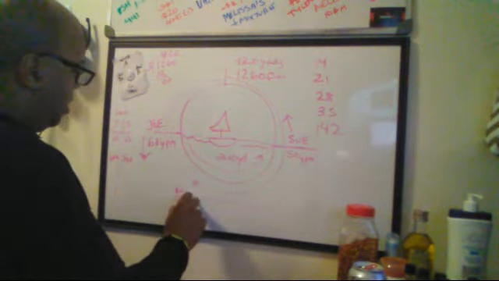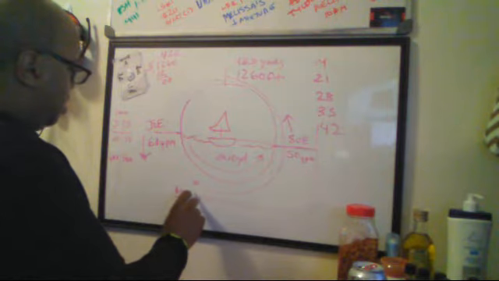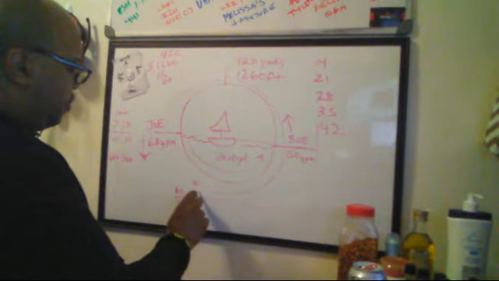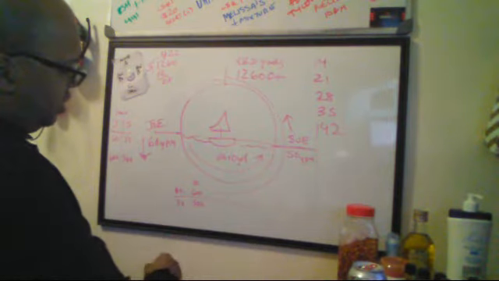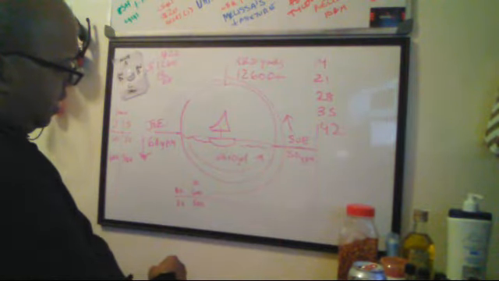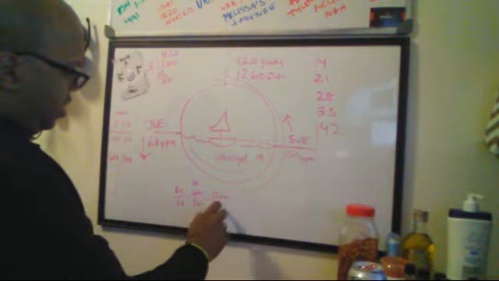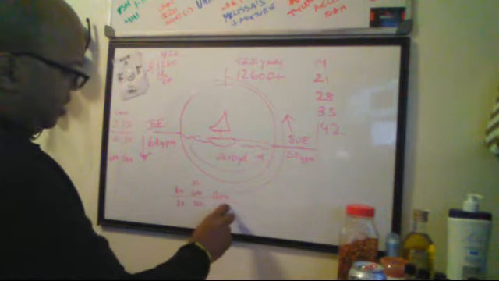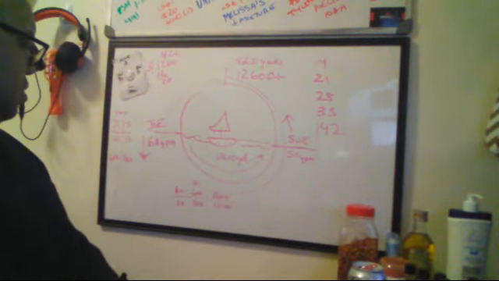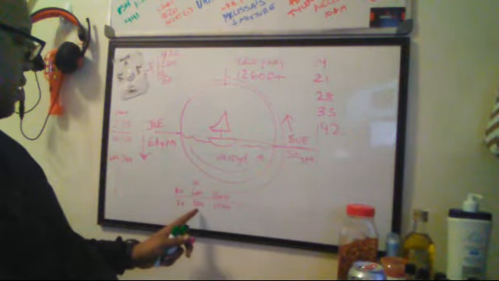So we established in 10 minutes, at the 10-minute mark, we're going to be at 600, and then this person will be at 500. And in 20 minutes, 1,200 and 1,000.